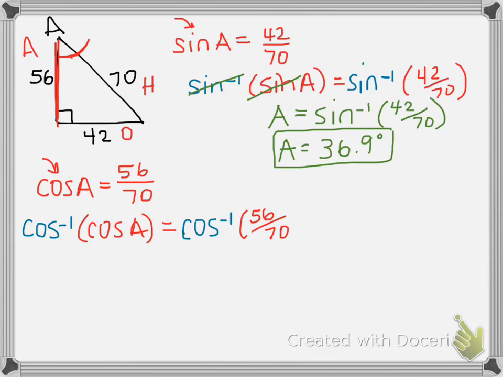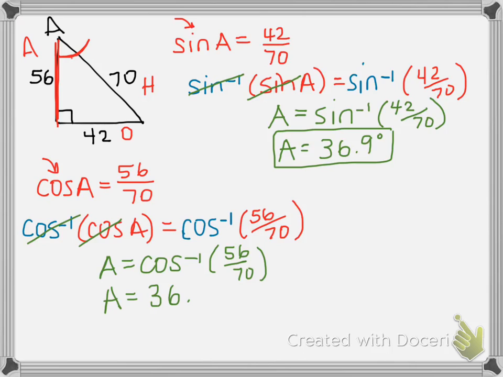So 56 over 70, now that we have that ratio correct. We cancel those out because they're inverse functions and find that A is cosine inverse of 56 over 70. And when we find that out, we find that angle A again is still 36.9 degrees. And that's crazy to think about because we use sine in one and we use cosine in the other.